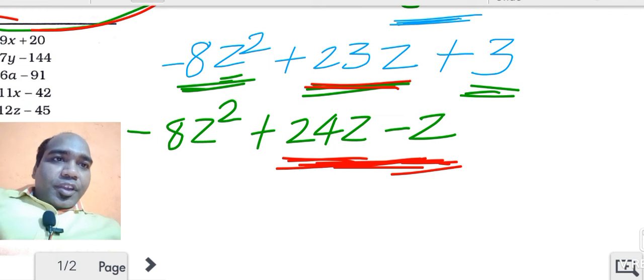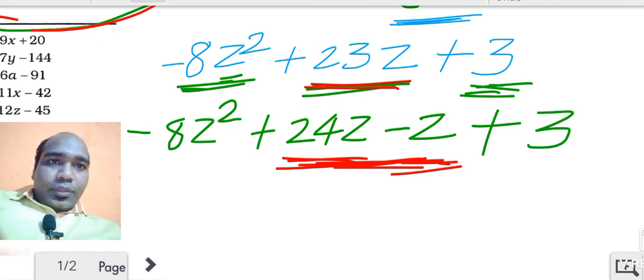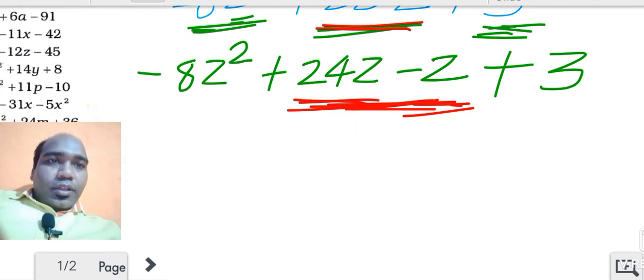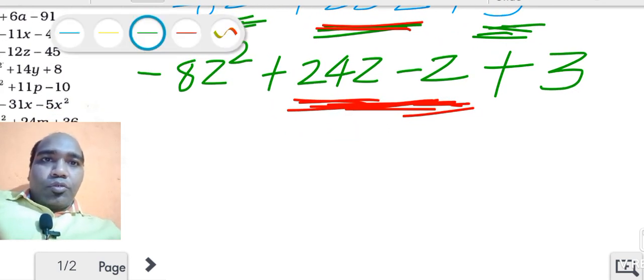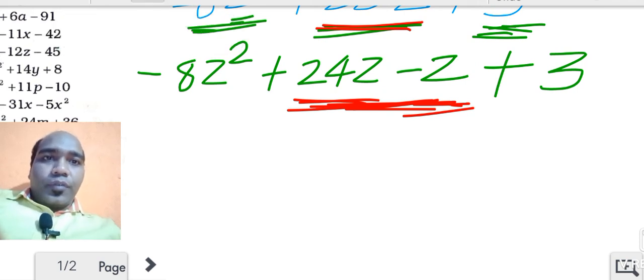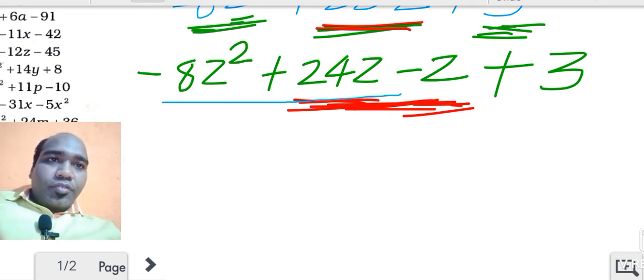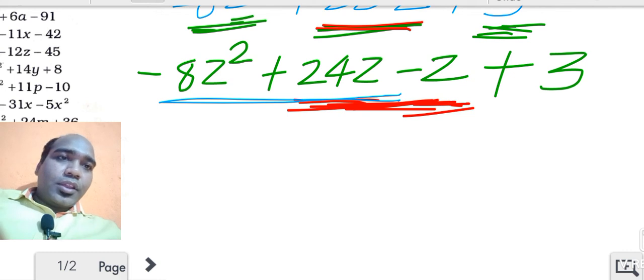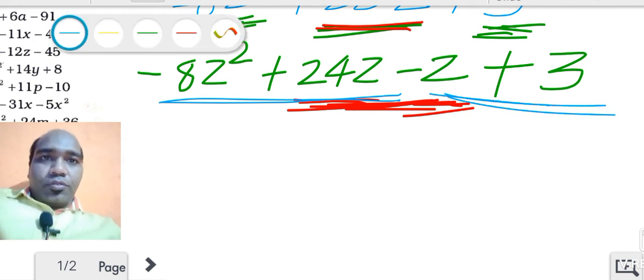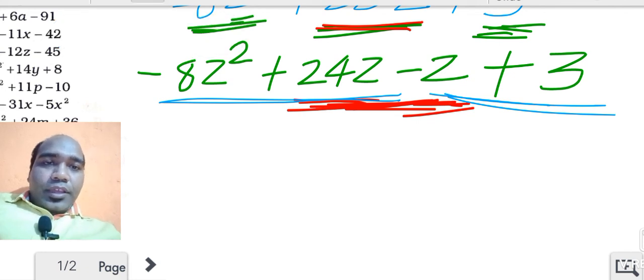Now this part we have split, and now at last this 3 here. Got it? Now again we will take two pairs. Okay, so we'll take minus 8z square and 24z together, and minus z plus 3 together. So here what can we take as common?